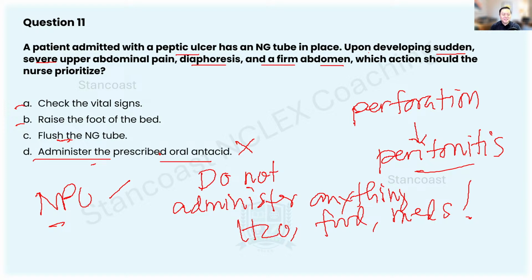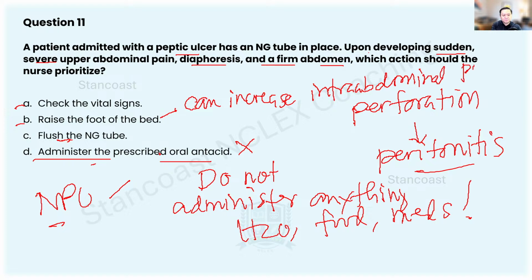If you choose letter B, raise the foot of the bed, it can worsen the patient's condition because it can increase the intra-abdominal pressure. Don't do this. Do not elevate the foot of the bed. Never. It will further cause leakage of the abdominal contents into the peritoneal cavity.